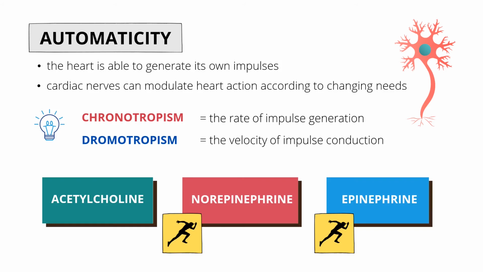On the other hand, acetylcholine has the opposite effect, decreasing the rate of impulse generation and also the velocity of impulse conduction. This means that it has a negative chronotropic and dromotropic effect, and as a result, our hearts beat more slowly. Now we will talk about these three substances again, but in more detail, so that you understand why they make the heart beat faster or more slowly.